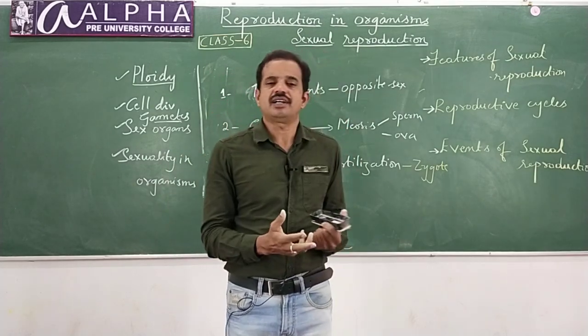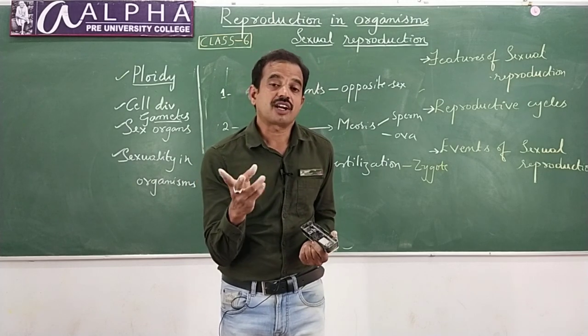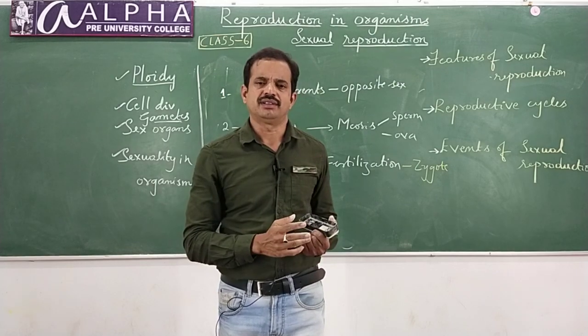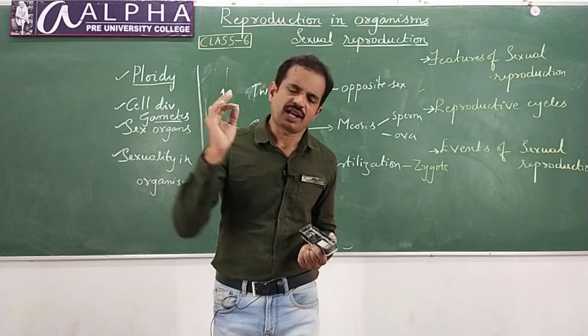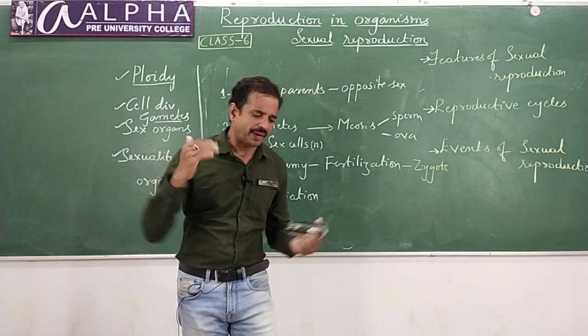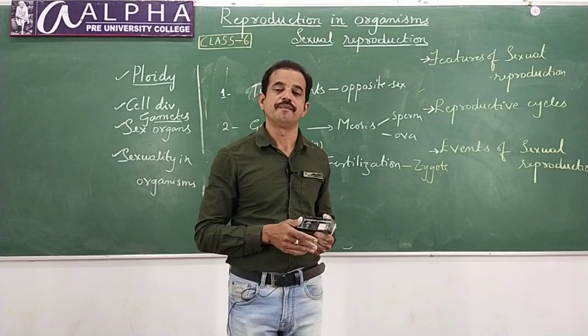Or we can simply say that the offsprings born are not copies of the parents, and the offsprings are not identical to each other. And this very phenomenon is a miraculous phenomenon which makes sexual reproduction much advantageous in the process of evolution.